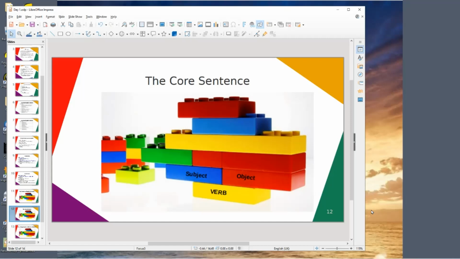What are the three parts of an English sentence? Subject, verb, object. Exactly. Now, why is the verb at the bottom of this stack of blocks? Because it's always the bottom of the sentence, the verb.